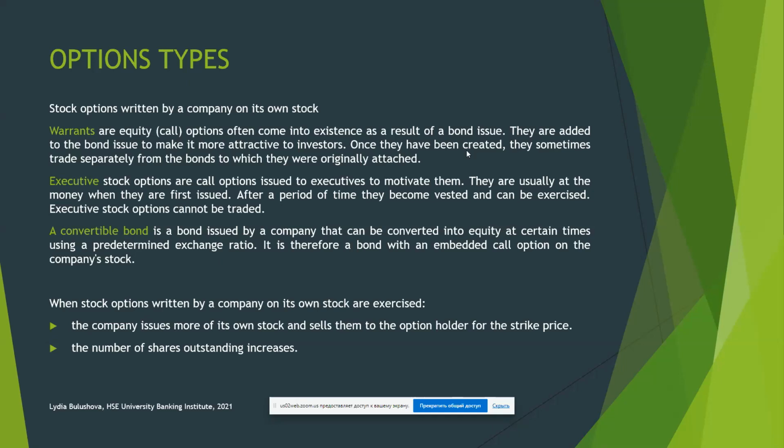Corporations try to make their debts more attractive, and this debt can be converted into equity at certain times. So there are specific equity options. There are some other types of equity options, but these 3 types are the most commonly used.